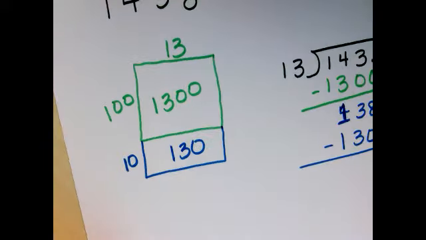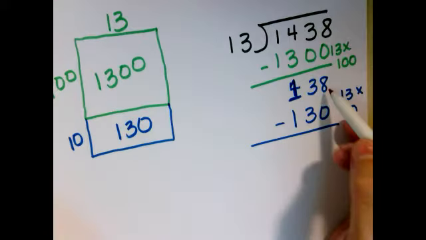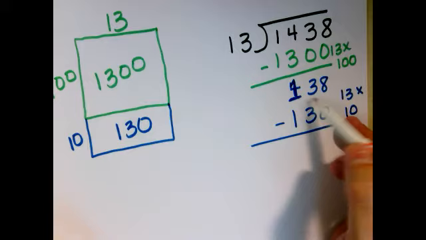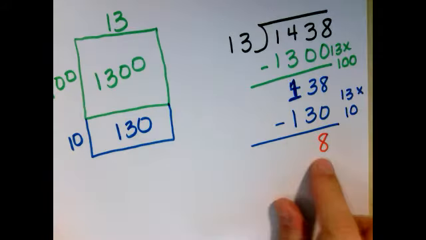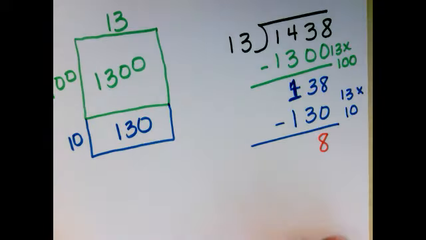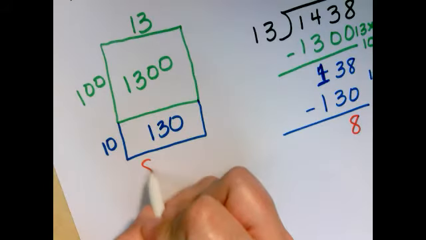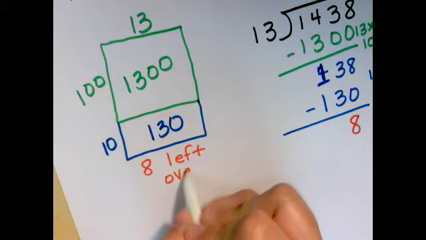So now when I go back and do my subtraction, because I still have something left over here, 138 minus 130, there's 8 left there. I cannot make a group of 13 from those 8 leftovers. So I'm just going to write down here 8 left over.